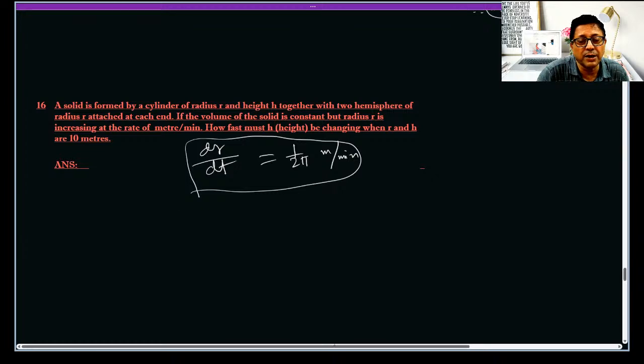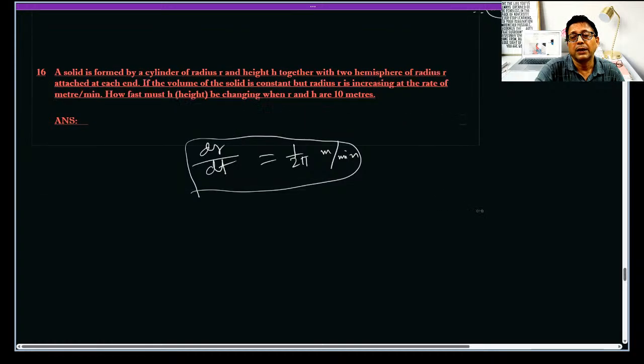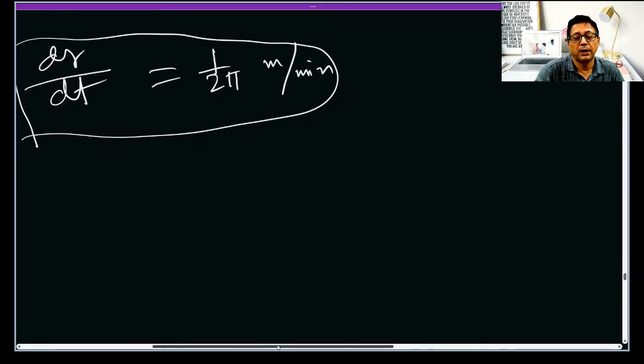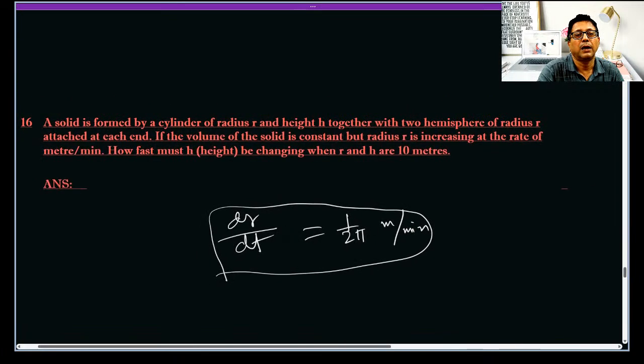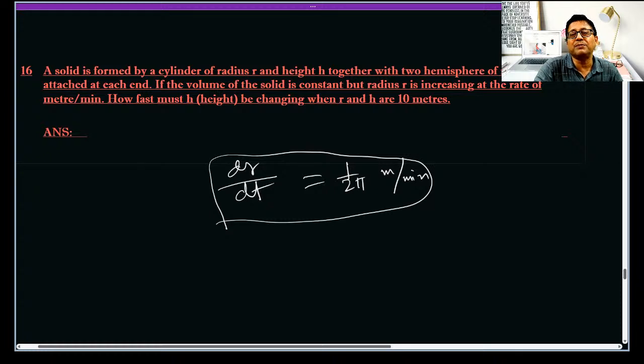Once more, read the sum, you will be able to do. Solid is formed by a cylinder of radius r, height h, together with two hemispheres of radius r attached at each end. Volume of solid is constant, but radius r is increasing at the rate of this. How fast must h be changing when r and h are 10 meters?